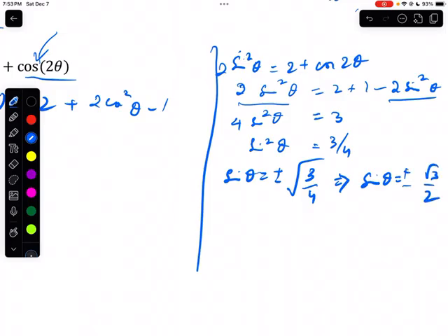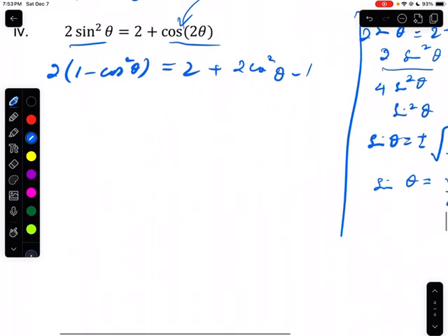So we got two equations. One is sine theta equal to square root of 3 over 2, and the other one is sine of theta is equal to negative square root of 3 over 2. Okay, we will come back to this part. Let's go back to the other way.